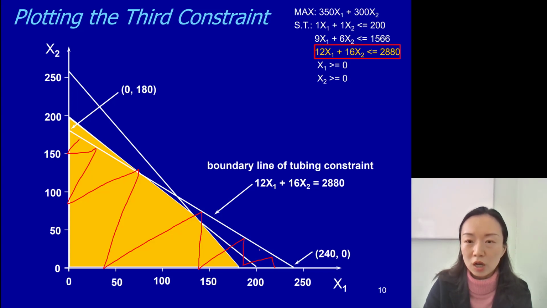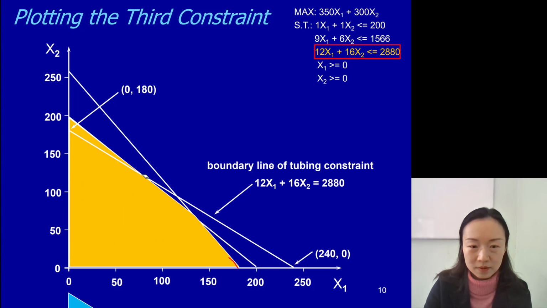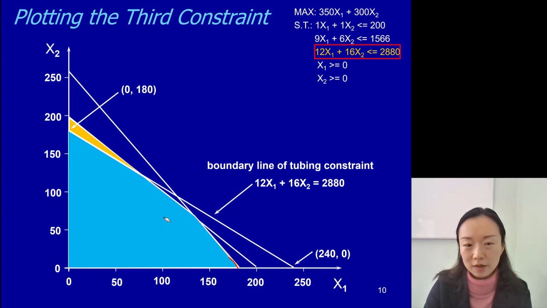Now to find our new feasible region that satisfies all those constraints, it needs to be the one that overlaps with the previous one. The previous one was shaded in orange. Then we know the overlapping part is something like this. So it's this area here.